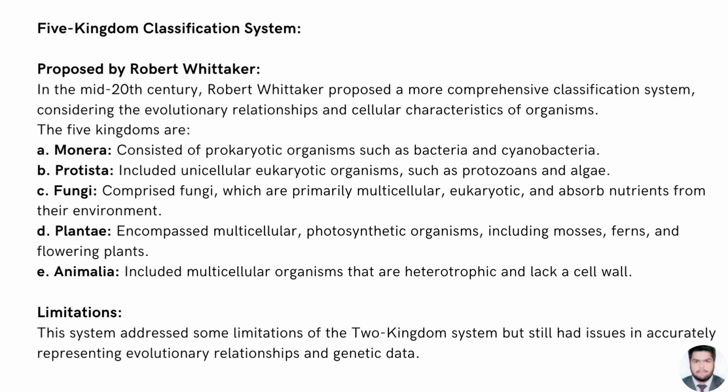Animalia included multicellular organisms that are heterotrophic and lack a cell wall. Limitations: this system addressed some limitations of the two kingdom system but still had issues in accurately representing evolutionary relationships and genetic data.